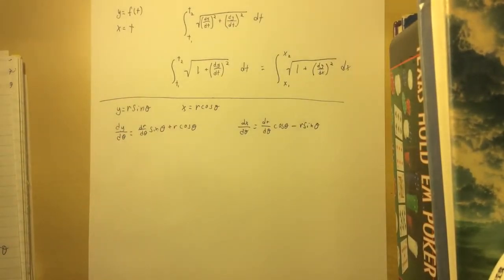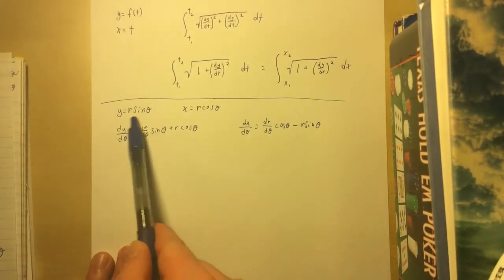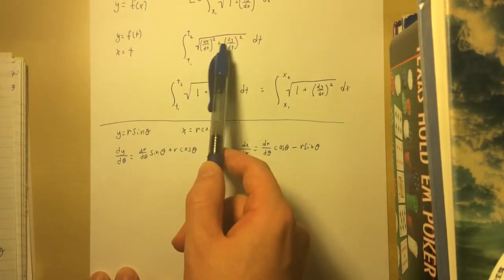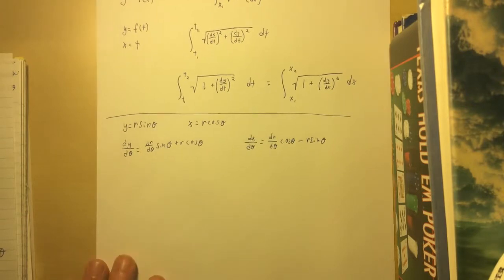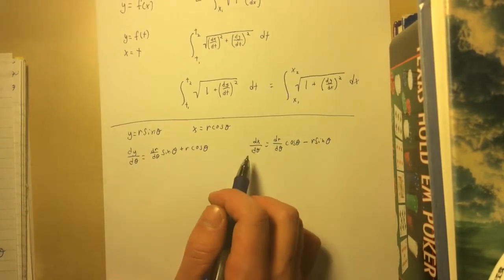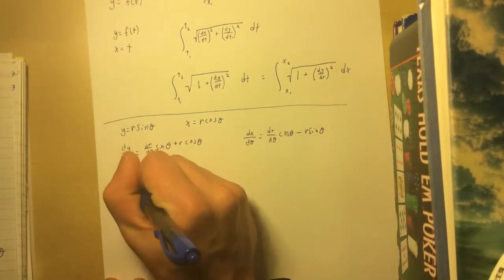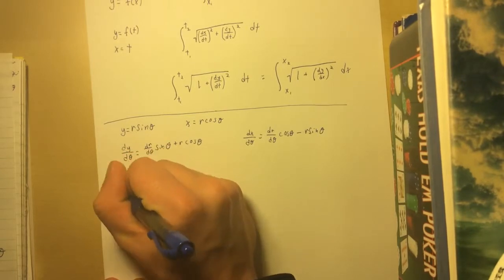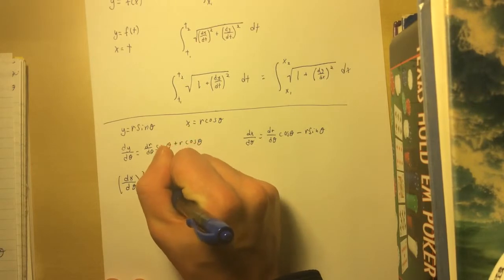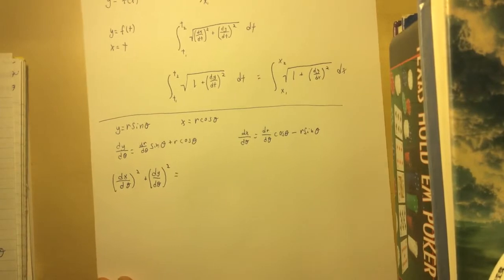Since we're looking for the square root of the sum of the squared derivatives of each part of the parametric equations, let's solve for dy d theta squared plus dx d theta squared. This is where the algebra gets a bit messy, but it all turns out pretty nice.